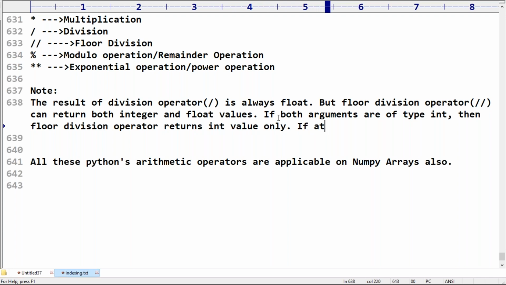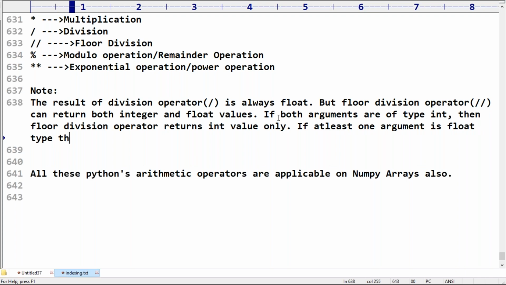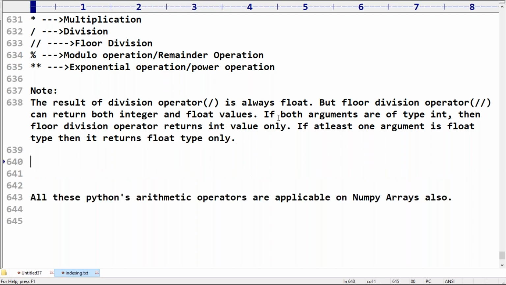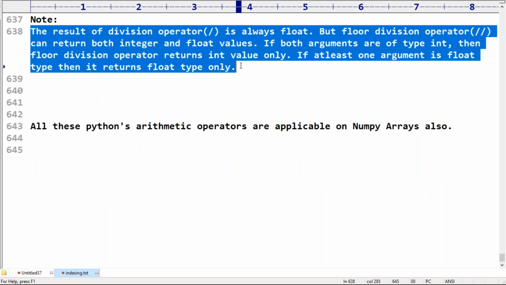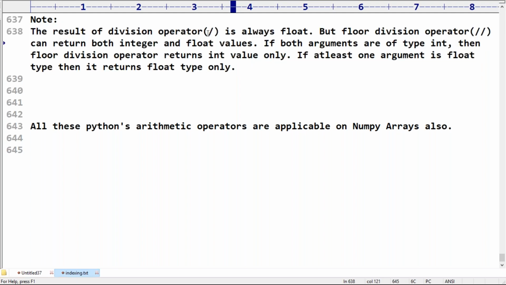If at least one argument is float type, then it returns float type only. Here observe, are you feeling the difference between these two things? Not required to explain, we already had it in our Python sessions. This operator is always going to return float only, but this operator is going to return either float or int based on our requirement, right?